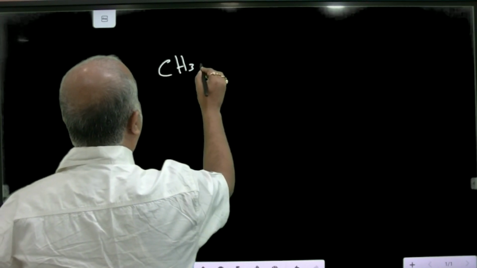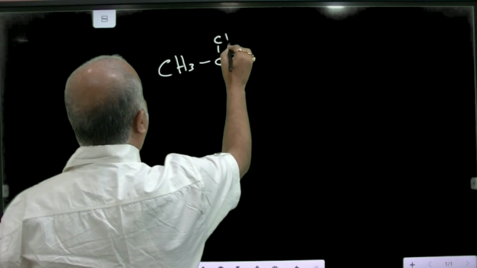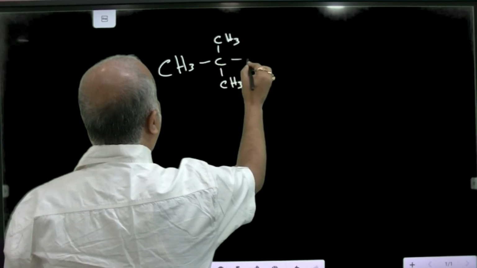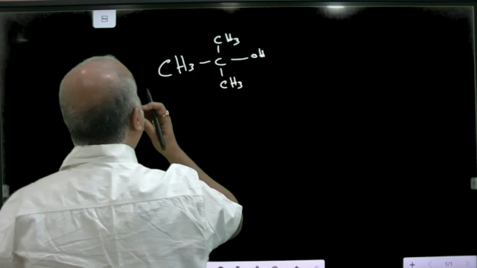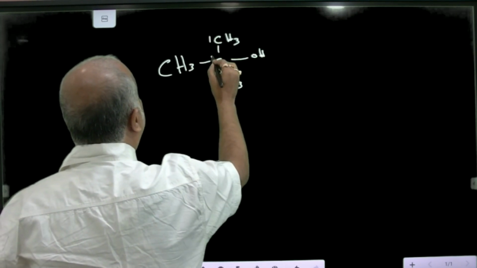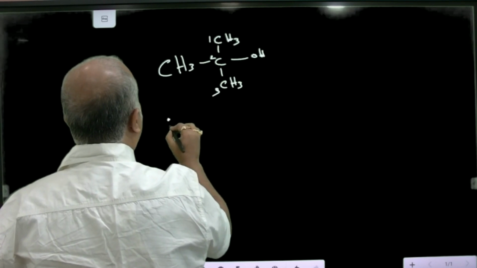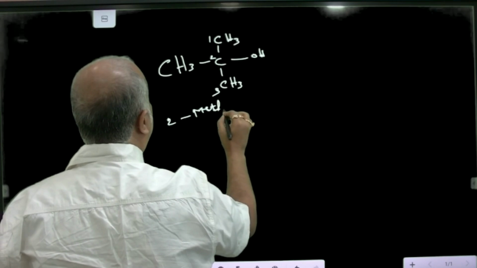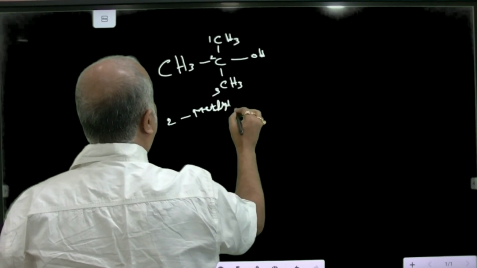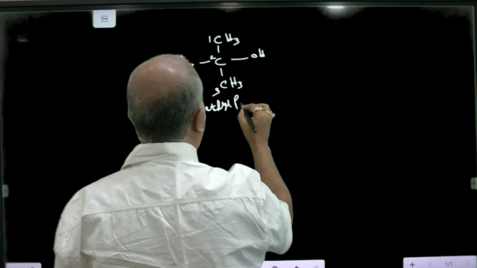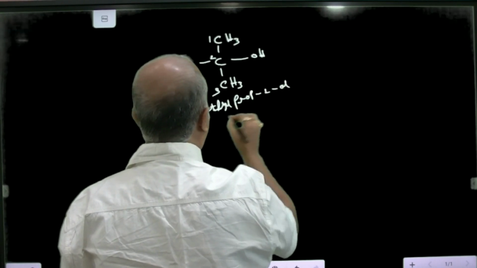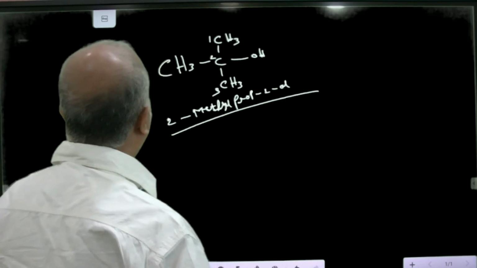Tertiary butyl alcohol, tert-butyl alcohol. If you take the IUPAC name, then 2-methylpropan-2-ol. That is 3-degree alcohol.